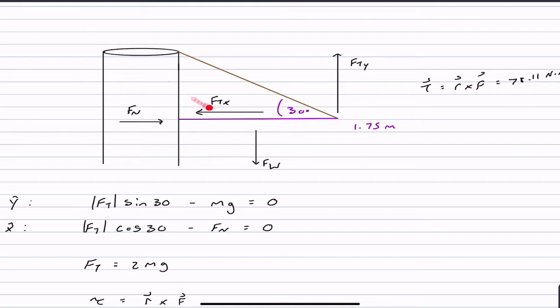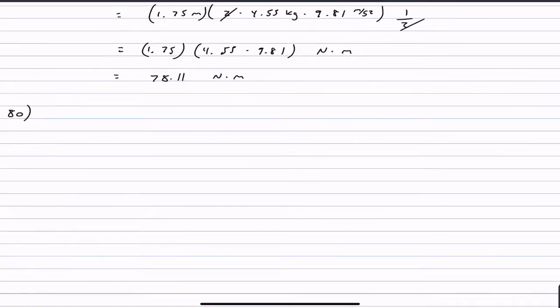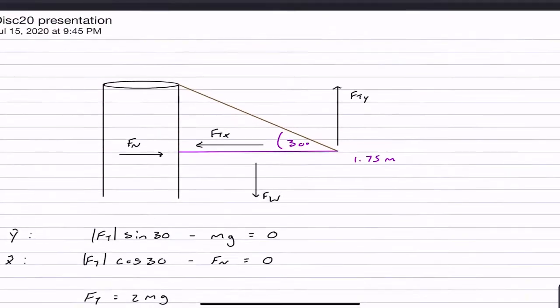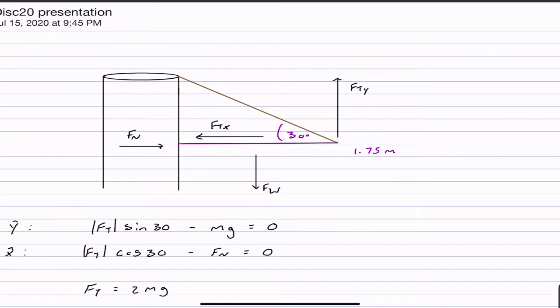Well, there's 0 torque here, right? From a 0 force, but there is a total force on the whole rod, and the total torque on the whole rod is 78.11. That's my answer. It's the same. That's what I'm trying to say. Total torque at any point is 78.11 Newton meters, because the force is only acting here.